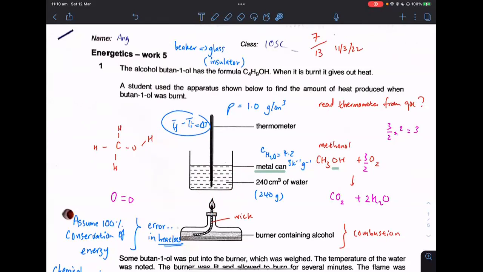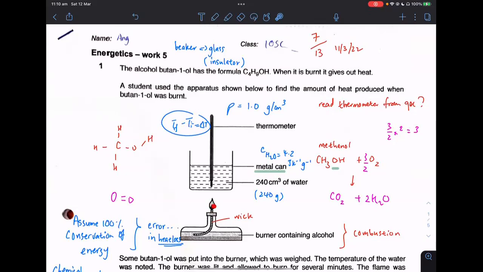If you heat 100 kilojoule here, not all the 100 kilojoule will go in here because the glass is an insulator. So you don't want to use beaker, which is made of glass. Okay, the metal can is good because metal conducts heat. You can ensure as much energy from here goes into here. If this apparatus is using beaker, you can improve the accuracy by changing beaker to metal. Because if you use insulator, you don't get 100% conservation of energy. Glass is insulator.